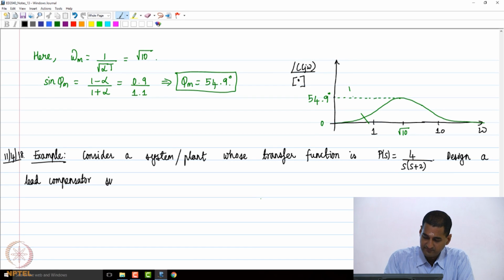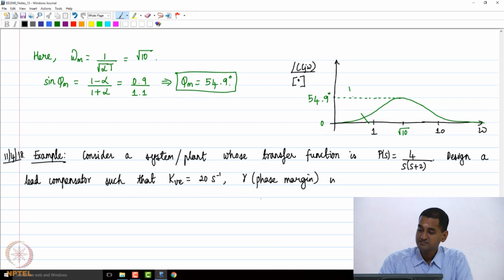such that the static velocity error constant KVE, if you remember, that's the static velocity error constant, is 20. The phase margin gamma should be at least 50 degrees.